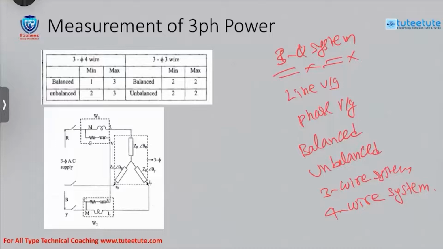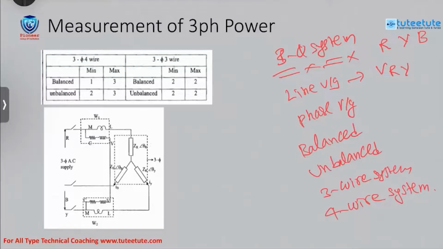What is meant by line voltage? We know in a three-phase system there are three phases R, Y, B. The voltage between R and Y is called line voltage.